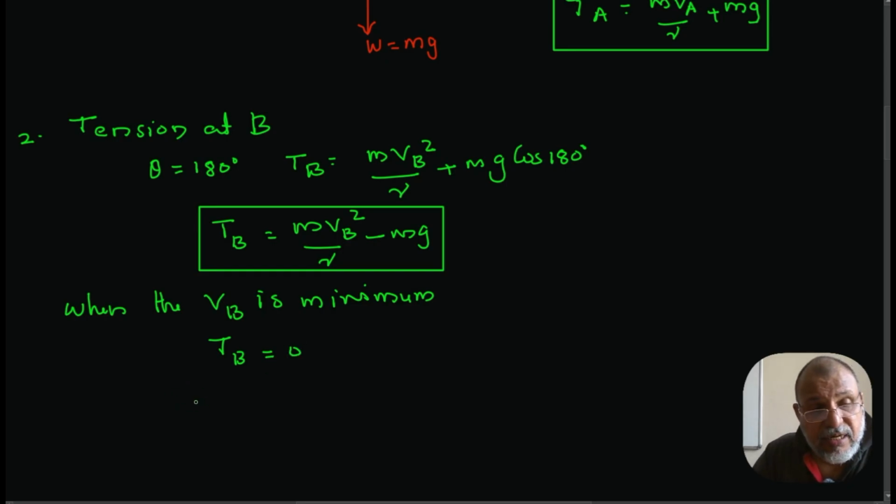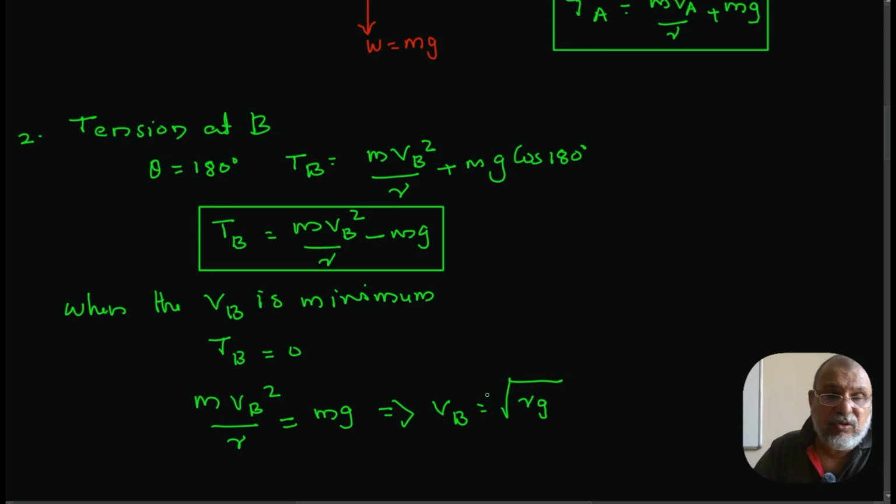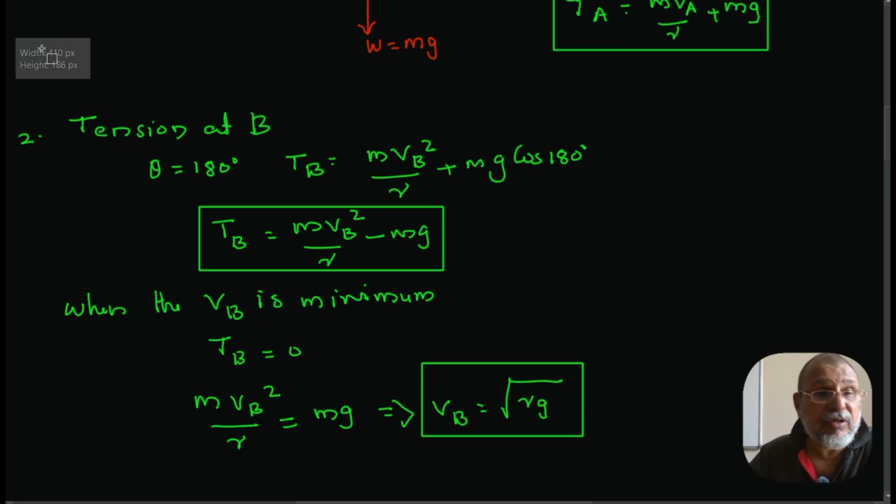Then you will get m vB squared over R is equal to mg. That will be the special equation, and from here you can see something more interesting: vB will be root Rg. This is the minimum velocity at the top to keep the body moving in a circular path.